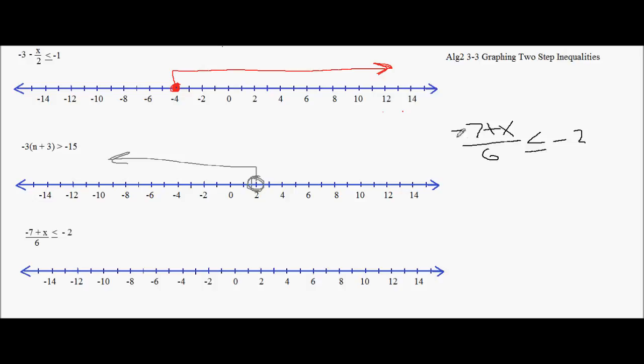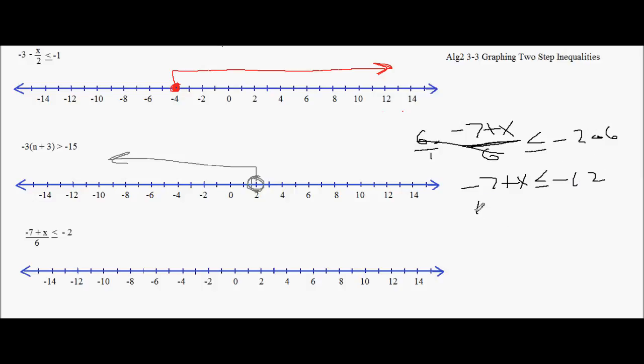I can't get at this until I get rid of this. This divide by kind of blocks me from getting at this negative 7. So what I'm going to do is multiply both sides by 6 over 1, or 6. That cancels. And so you get negative 7 plus x less than or equal to, I haven't multiplied or divided by a negative, so I don't flip anything, negative 12.